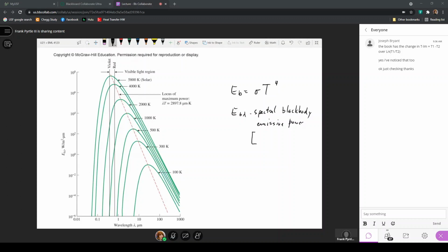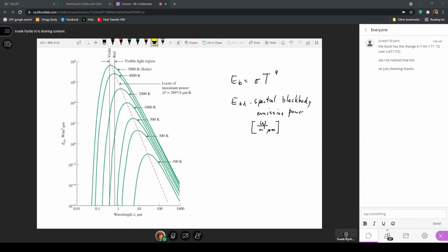It has units of watts per meter squared micron, where the micron here is in the denominator. And this is because the spectral black body emissive power, with it being spectral, says that it's a function of wavelength.